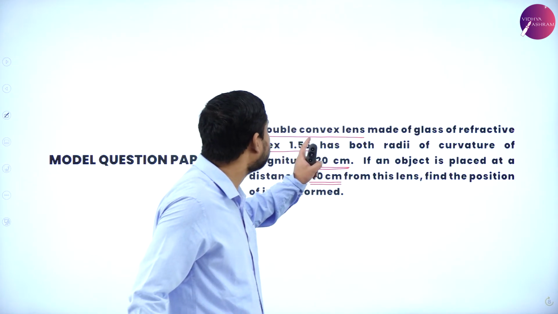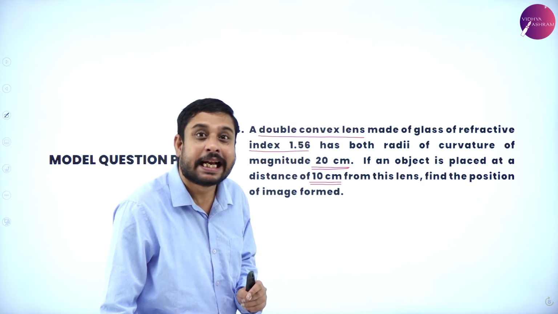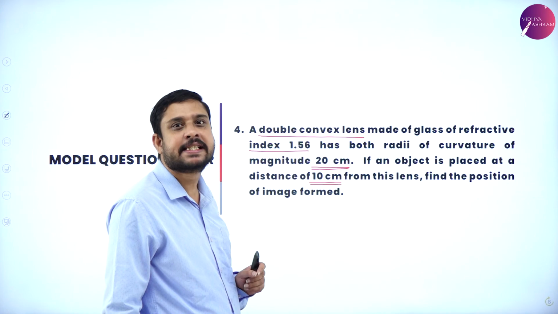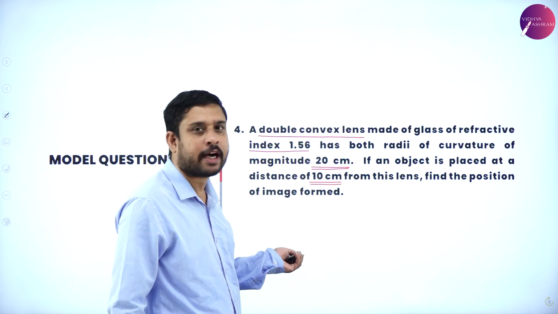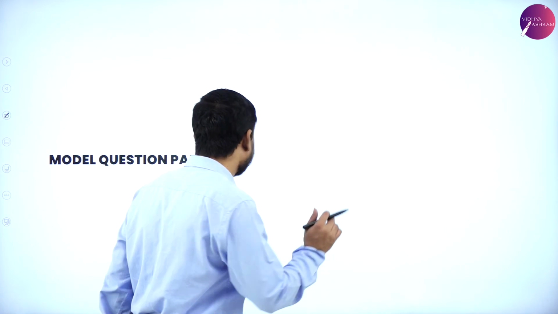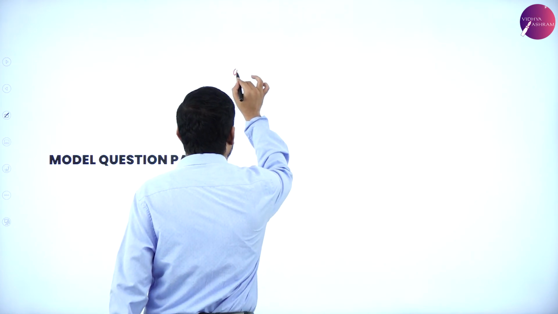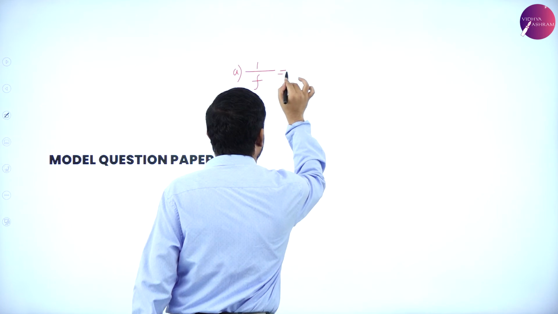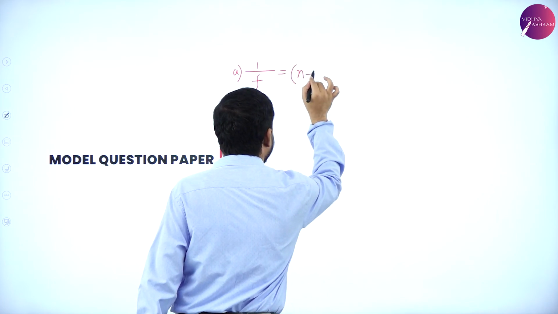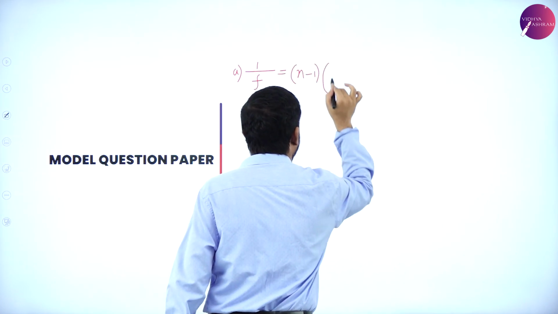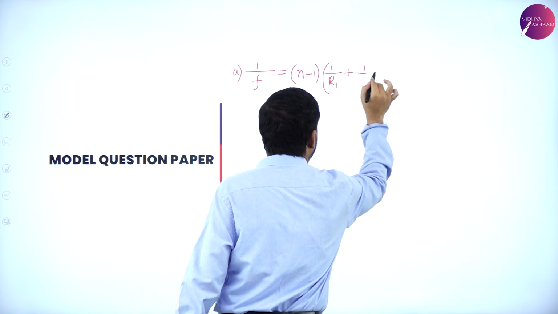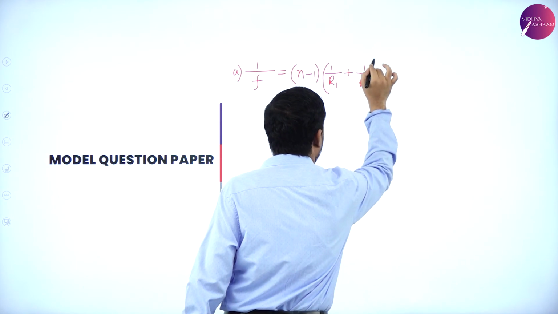The radius of curvature is given, the refractive index is given. I will first calculate the focal length. By the lens maker's formula, 1 by F is (n minus 1) into (1 by R1 minus 1 by R2).